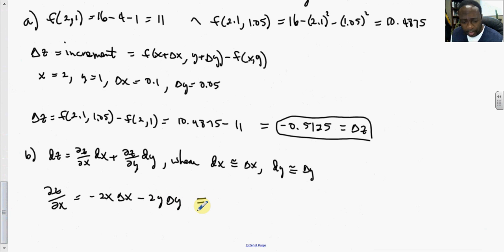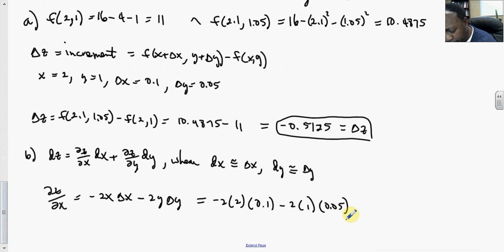You can plug in the values. This is negative 2, x is said to be 2, delta x is 0.1, minus 2 times y, which is given to be 1, and delta y is given to be 0.05.